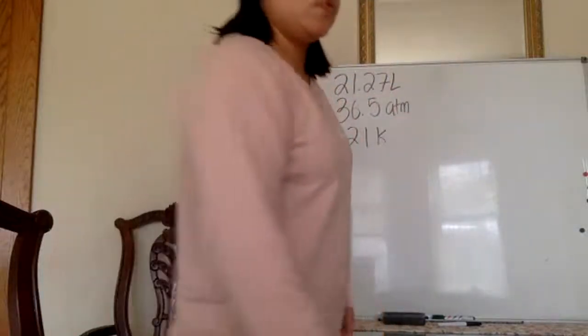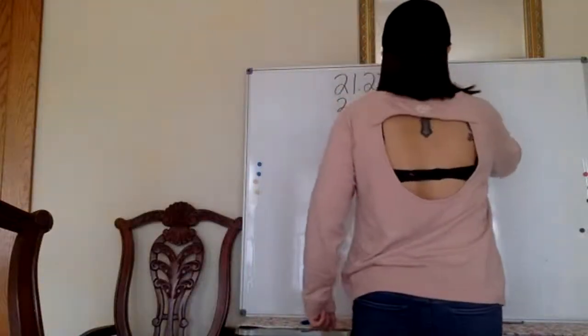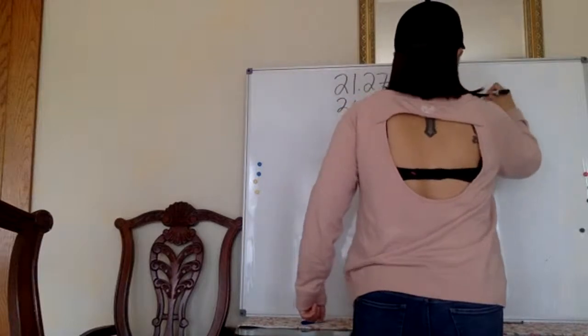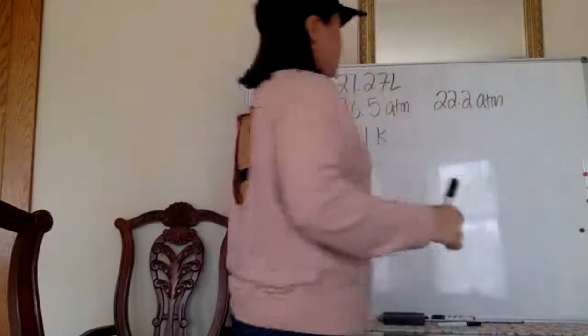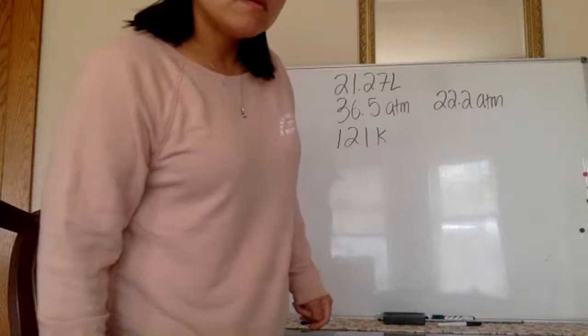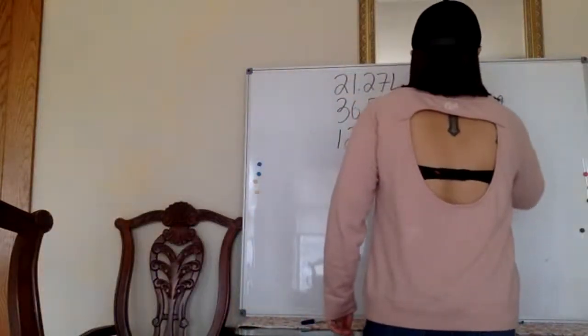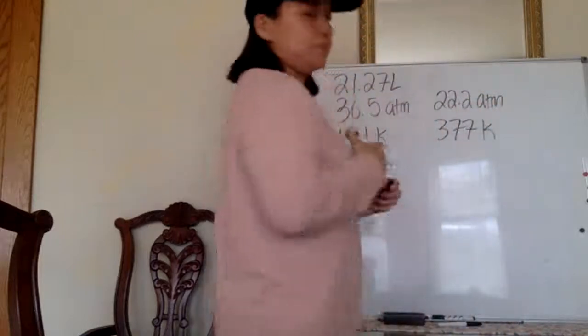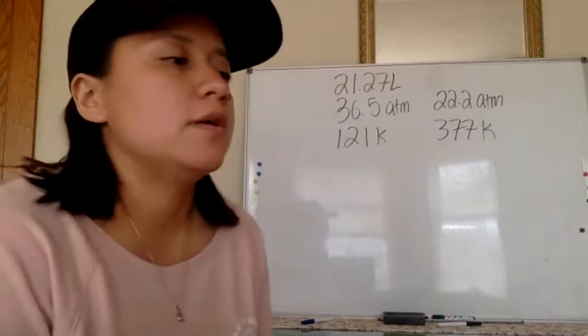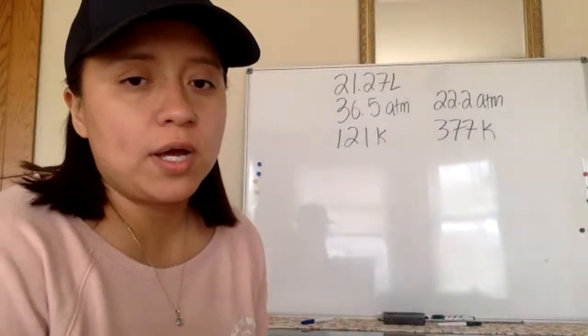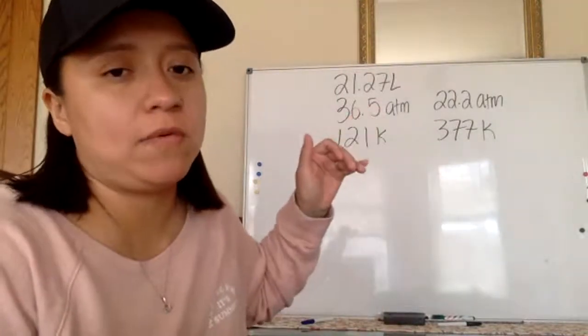Then we have 22.2 ATM. And 377 K. Okay, so let's identify what each number variable-wise stands for.